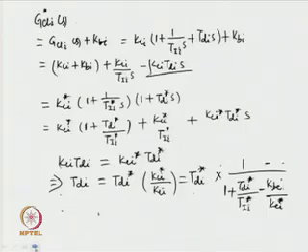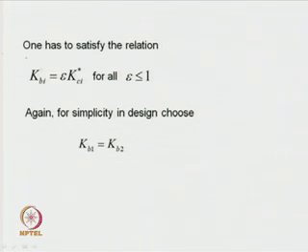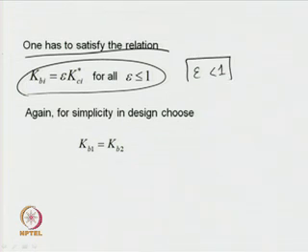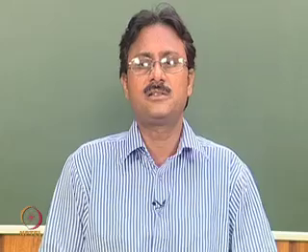Next, using the same relation, I can say Kbi is equal to epsilon times Kci star. Now, epsilon has to be less than 1, and that guarantees that all the parameters of the PID controllers will be positive.